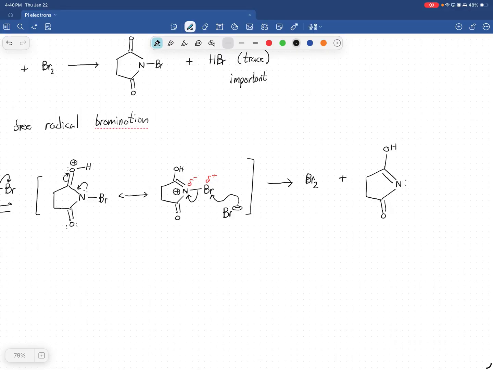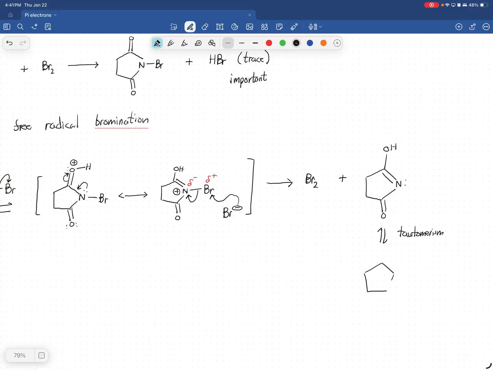Now we have a dilemma over here. When you have a nitrogen with a double bond and right next door is an oxygen atom with a single bond, this undergoes rapid isomerization. So remember when we talked about tautomerism? This is going to switch up here.